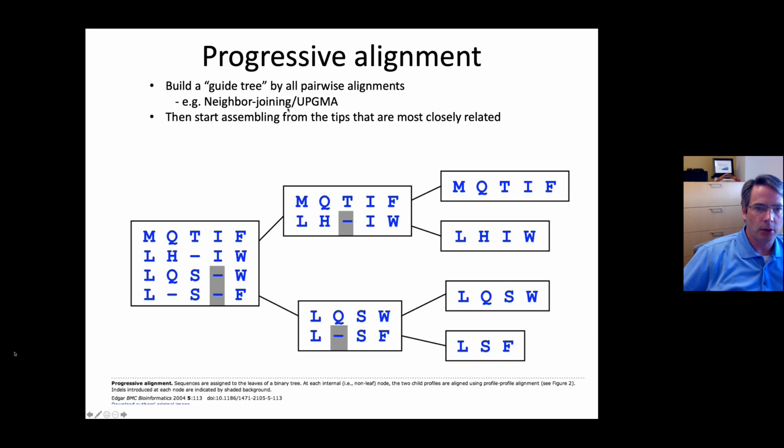The first step in a progressive alignment is to build a guide tree that is based on just some metric of similarity between sequences. So one way to do that is to make a really fast, simple pairwise alignment between all possible combinations. Now, that is not very fast, okay?